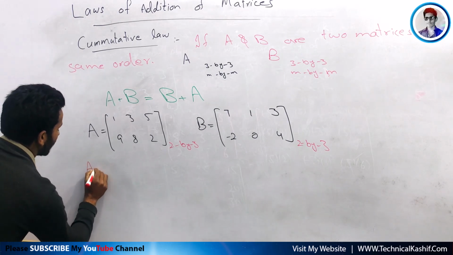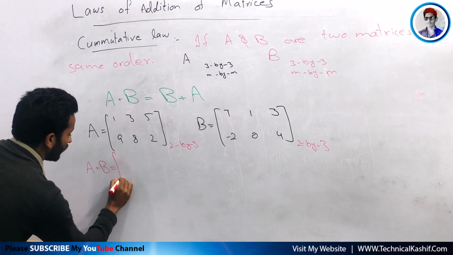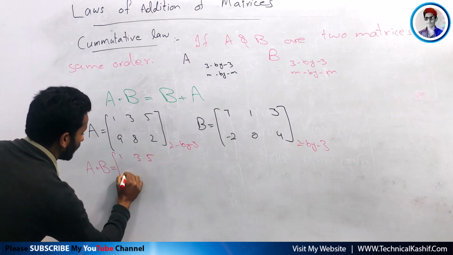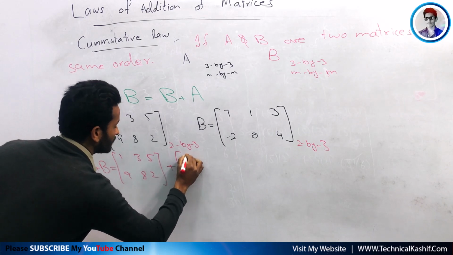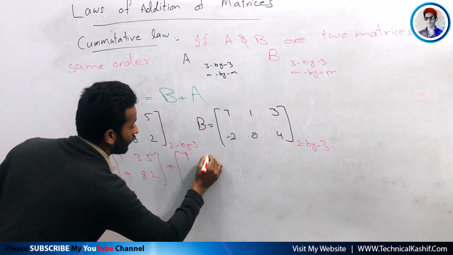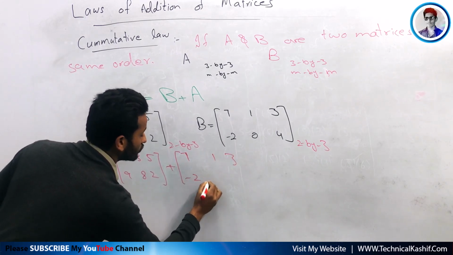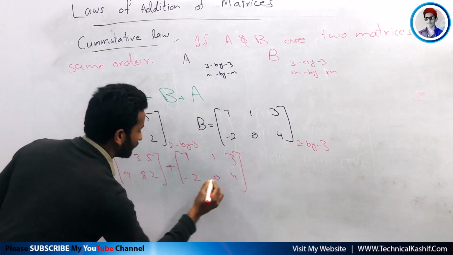First, A plus B: [1, 3, 5; 9, 8, 2] plus [7, 1, 3; -2, 0, 4].